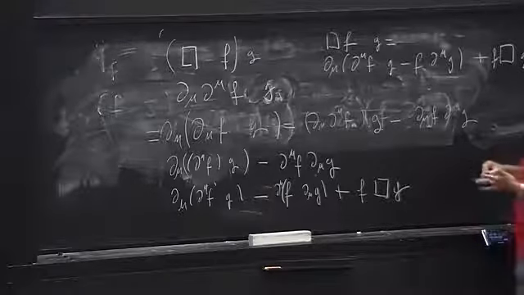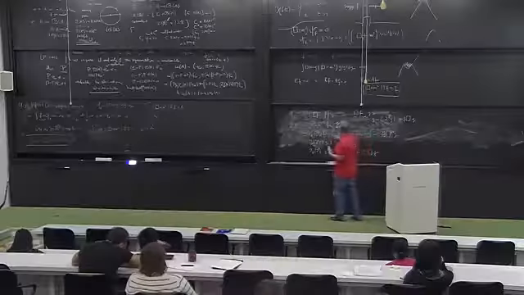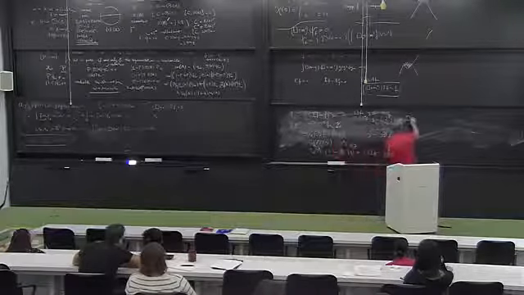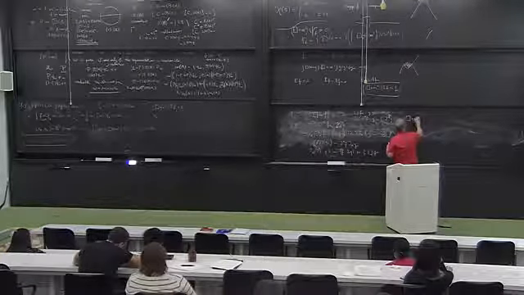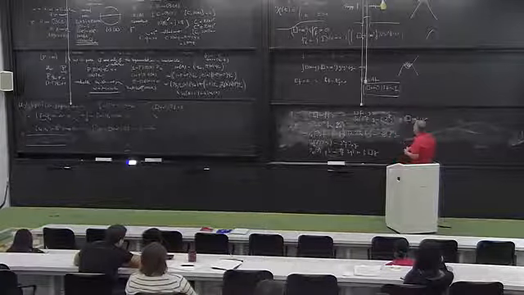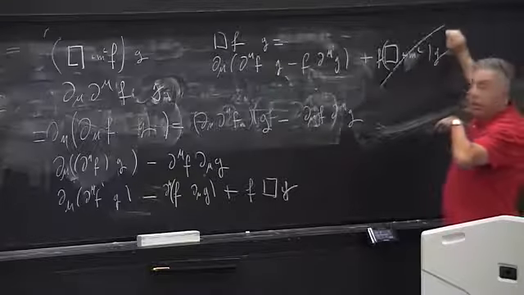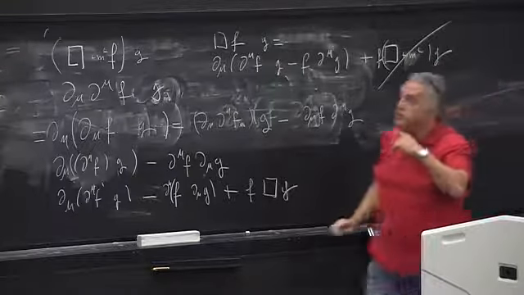So if I add m squared here, I get m squared here. And if I apply to my formula there, since psi is a solution of the Klein-Gordon equation, this term disappears.